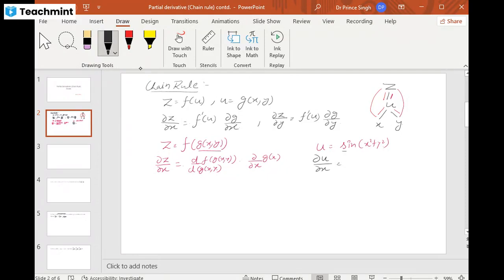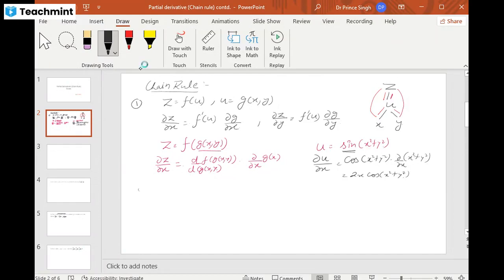This is equal to, firstly we differentiate sine. The derivative of sine is cos of x square plus y square, and then we differentiate x square plus y square with respect to x. In that case, we get the answer as 2x times cos of x square plus y square. So this is the concept which we discussed in our last video also.